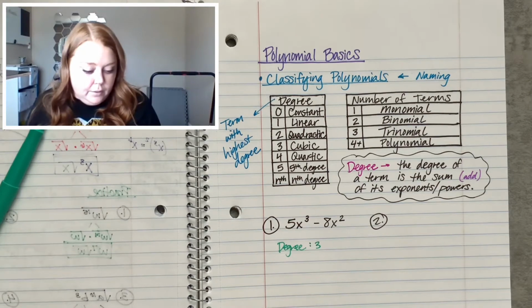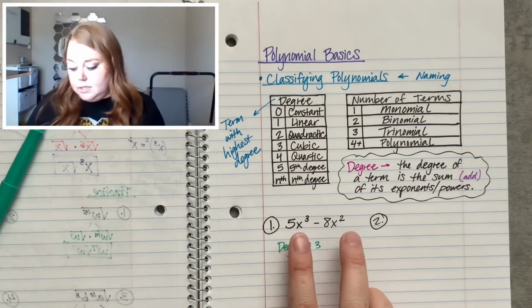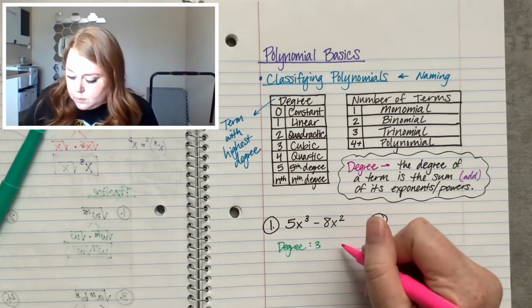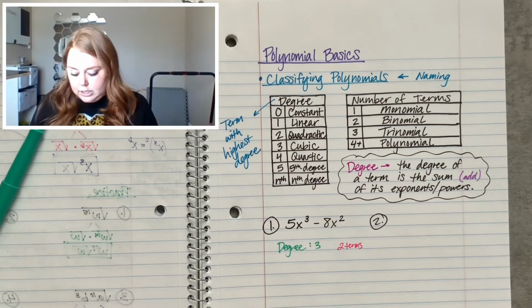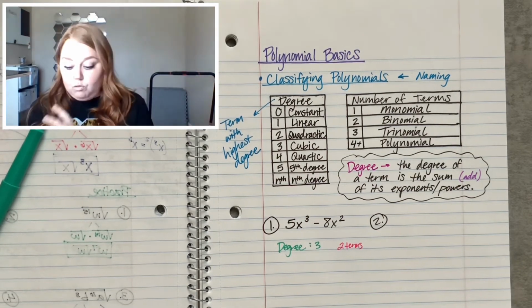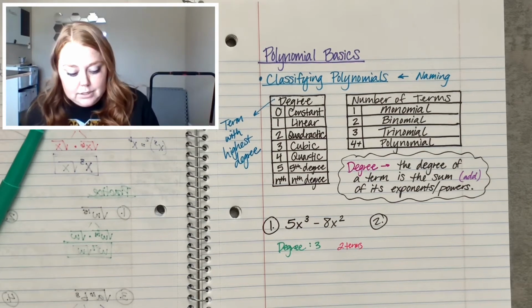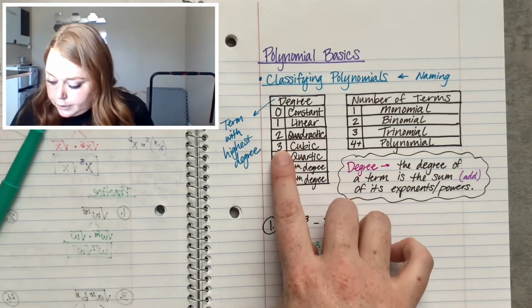All right, now we count up really quickly how many terms it has. I already said it. It has 2 terms. So let's make note of that, 2 terms. And these things are needed for us to be able to actually write its name. So its name is, well, let's go to 3 in our degree chart.